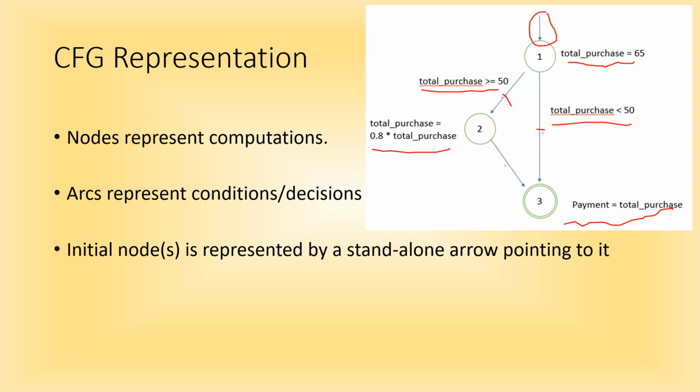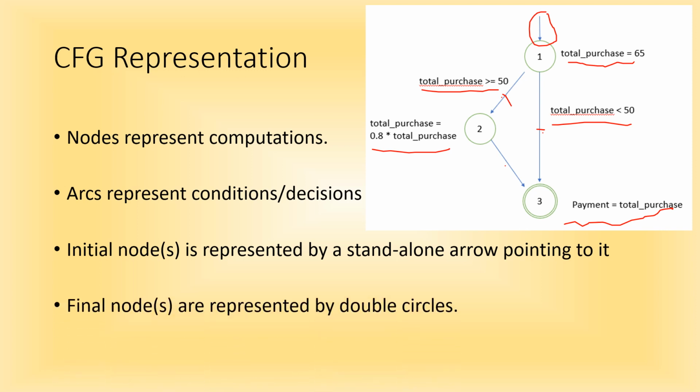It is coming from nowhere. So that represents the initial node. The initial node where the computation begins is node one here. If this arrow was on node number two, for example, then that would have been the initial node. But in this case, node number one is the initial node.